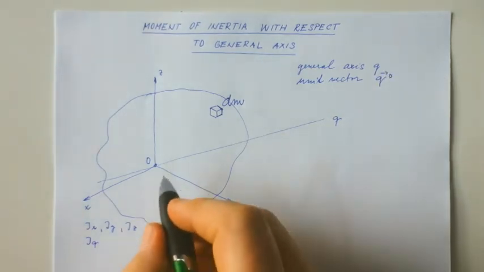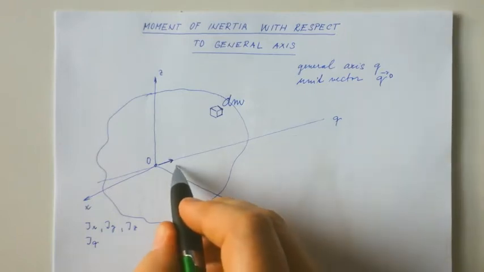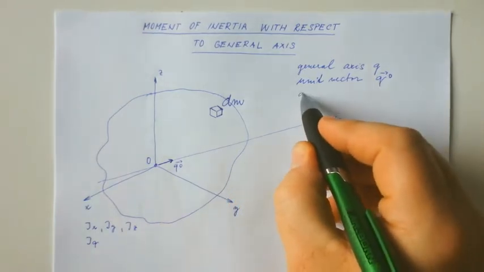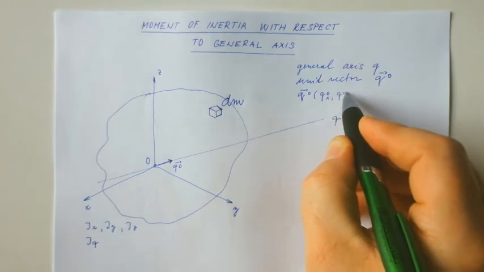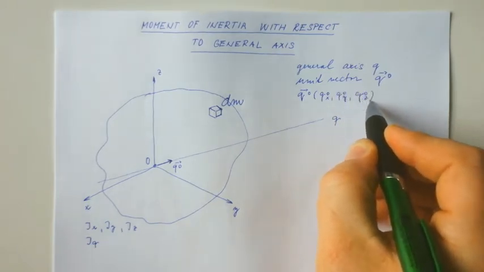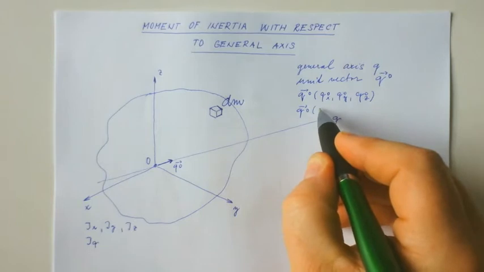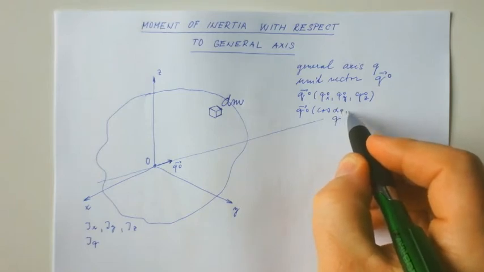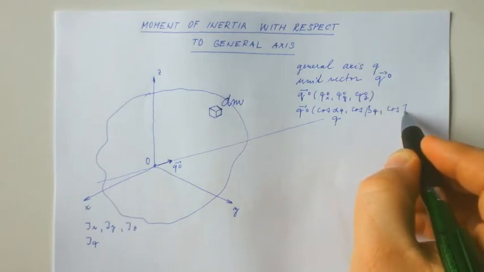It's a unit vector on that axis, and it's defined by components qx, qy, qz, and coincidentally these components are the cosines of the directional angles alpha, beta, and gamma.